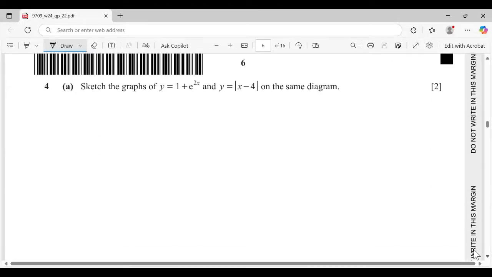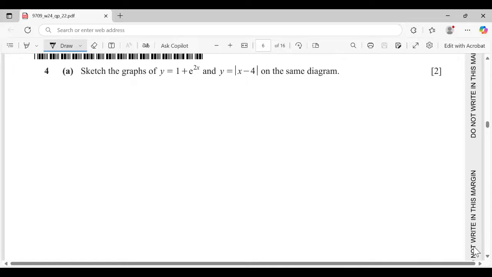Number 4. Sketch the graph of y equals 1 plus e to the power 2x and y equals modulus x minus 4 on the same diagram. First, I would like to sketch the graph y equals 1 plus e to the power 2x.